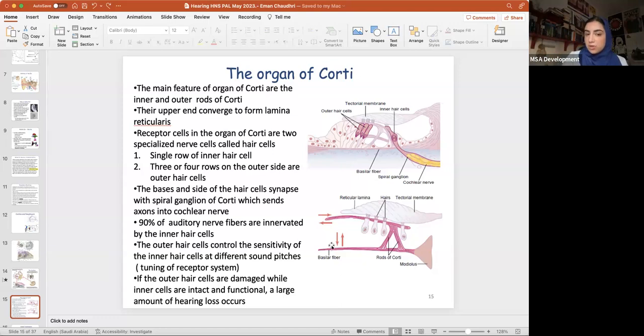So the outer hair cells control the sensitivity of the inner hair cells at different sound pitches, okay? So they will send back their efferent nerve fibers, which will release acetylcholine, and that will cause certain proteins in the basilar membrane to cause the hair cells to move down away from the tectorial membrane, so that it's not perceiving as much sound, and therefore it is protective to your inner ear, to your hair cells. It's going to move this entire apparatus down, okay?